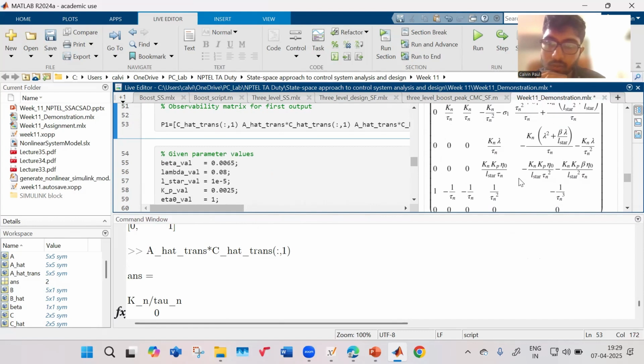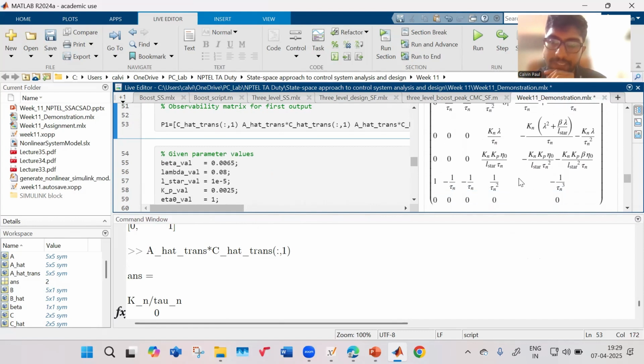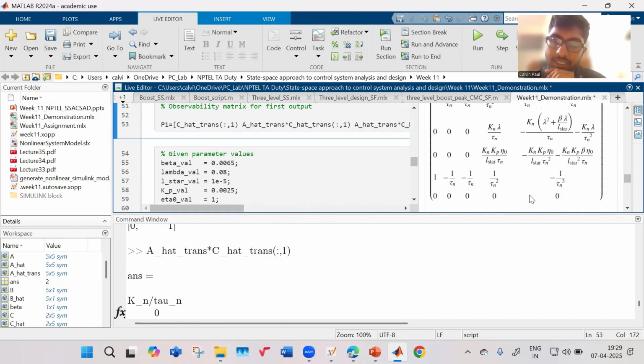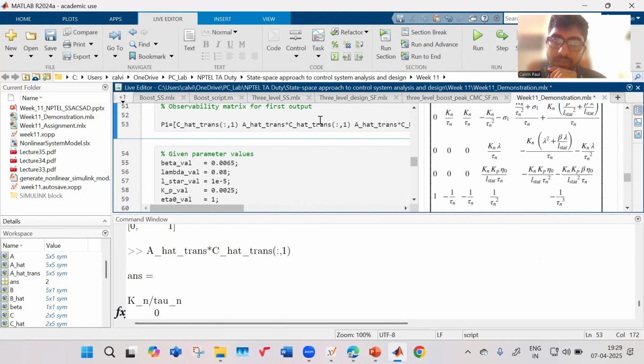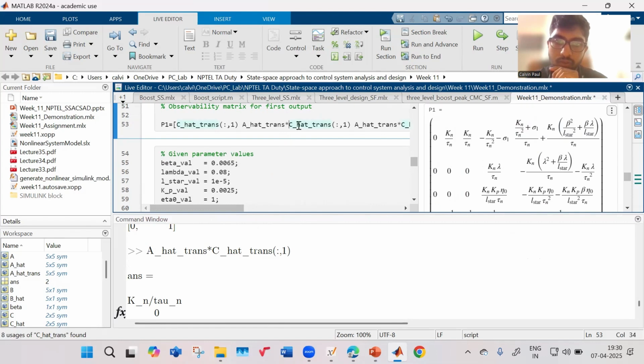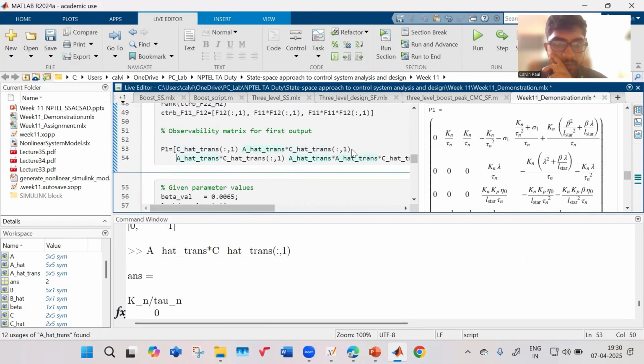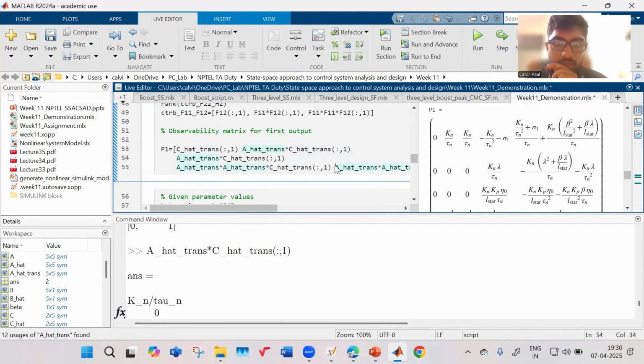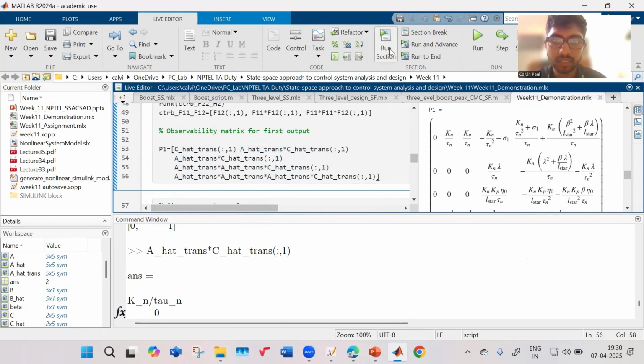So this is the large P1 matrix which we get. And if you observe, its rank is less than 5. So it is not observable for the first output. Let me run this, let us check.